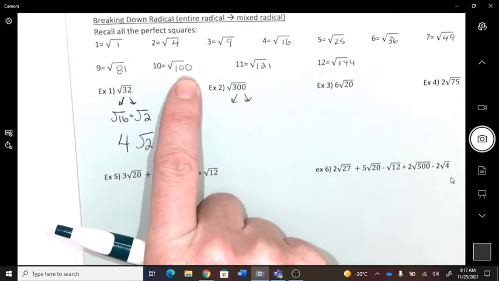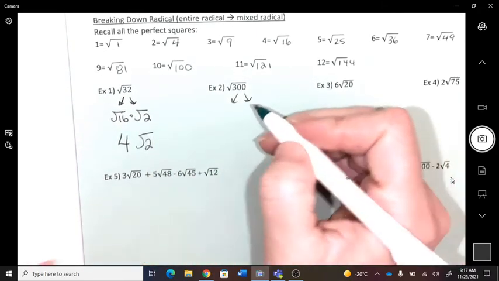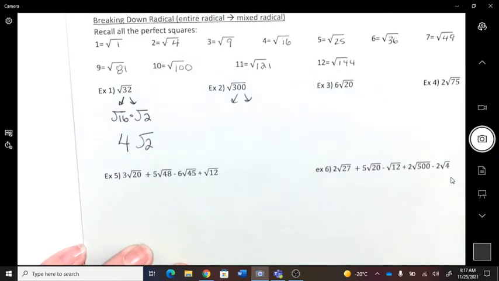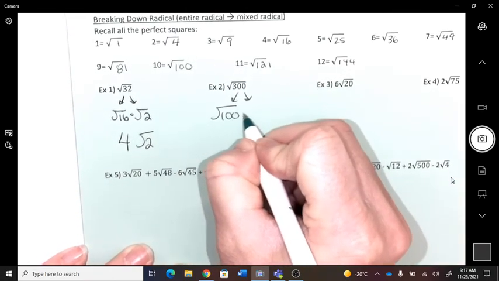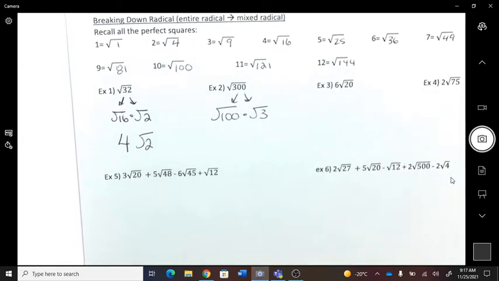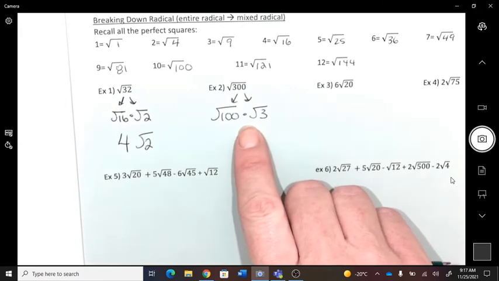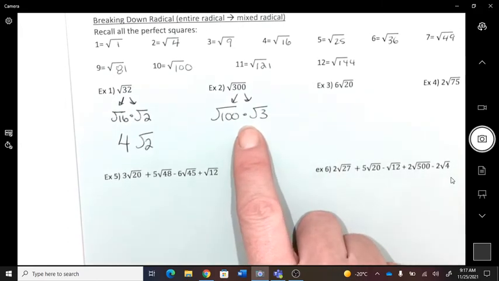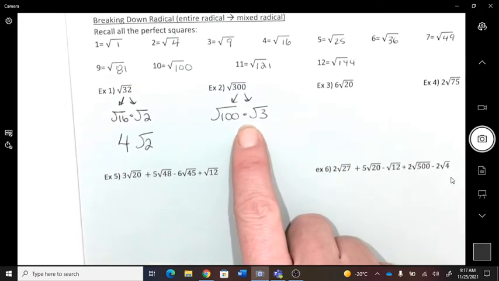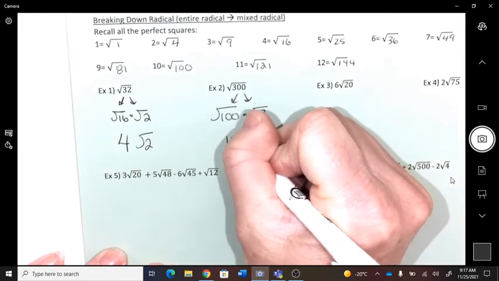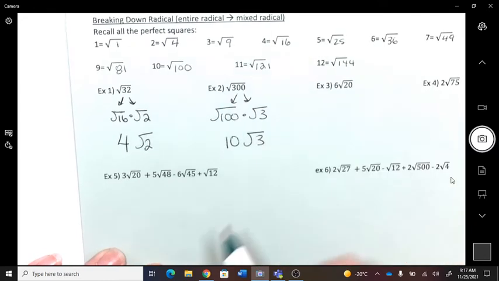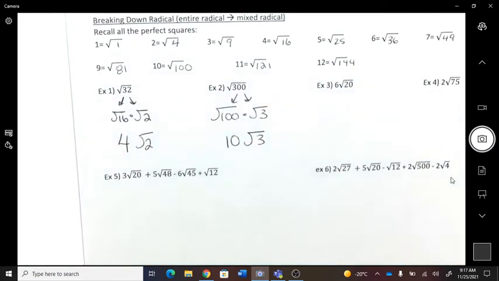It's divisible by 100, right? So 100 times what? 3. So root 100 times root 3. That's how I get a root 300. Then root 100 is 10. So 10 root 3.